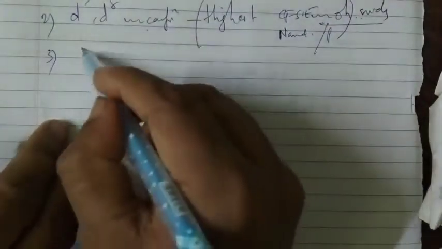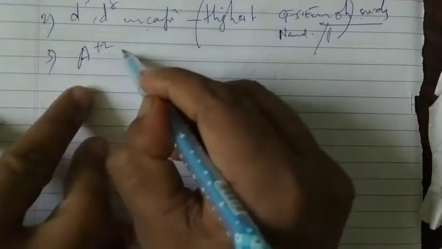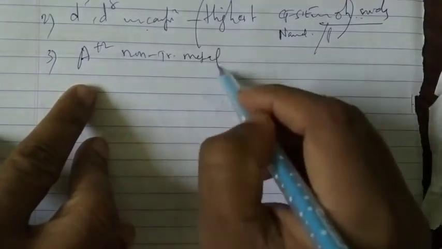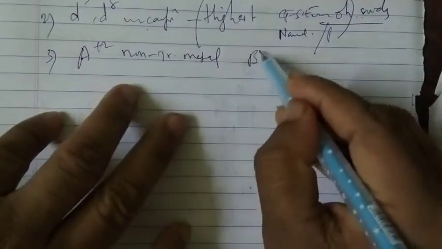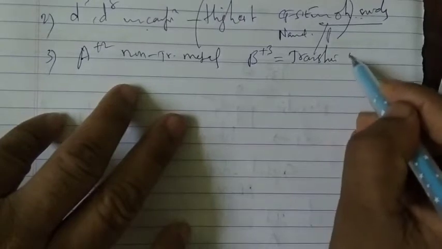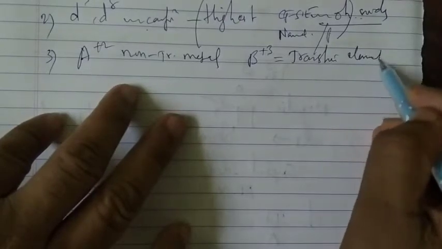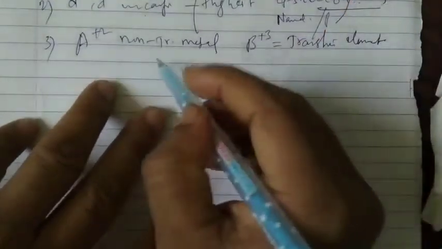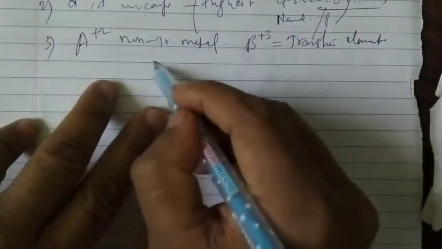Now another condition: if A+2, the divalent ion, is a non-transition element, and B+3, the trivalent, is a transition element, what will be the condition? This is very important. The configuration is also important.